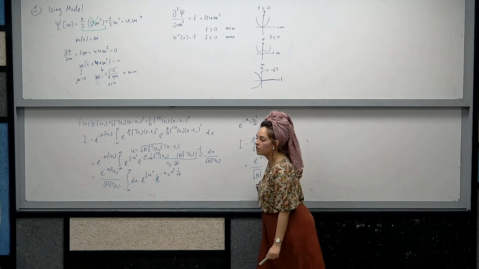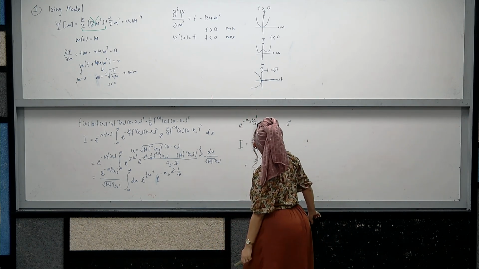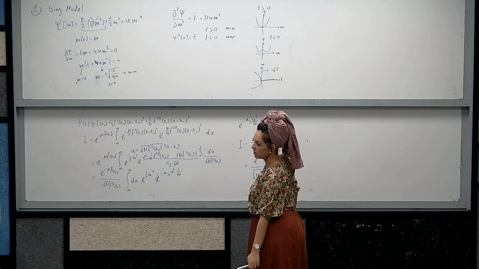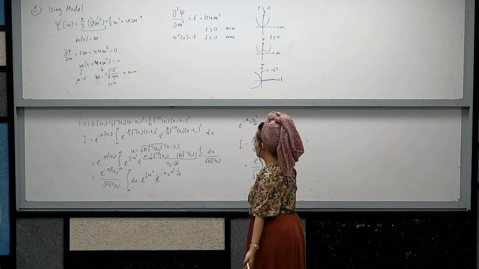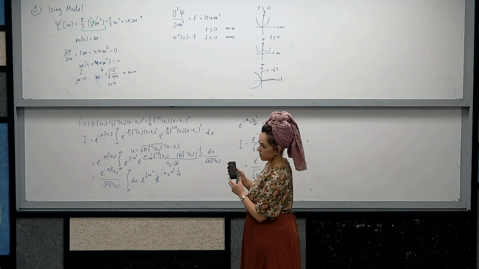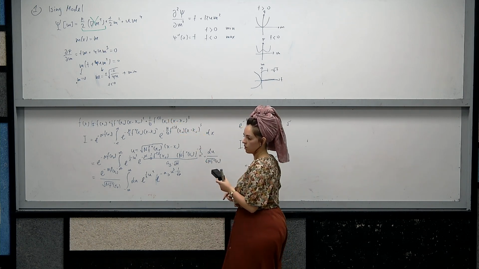When t is greater than 0, what does the other solution of m mean? Nothing. There are no other solutions. There is just m equals 0.